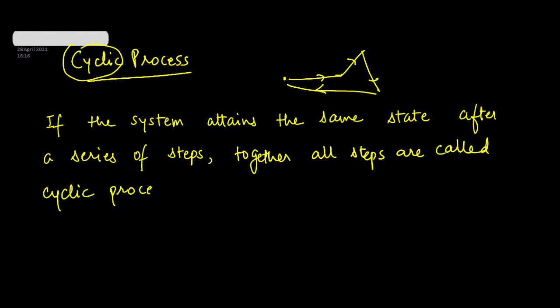So it should come back to the same state. Basically where it starts and where it ends should be the same. So it's a cyclic process. It is not very difficult, right?